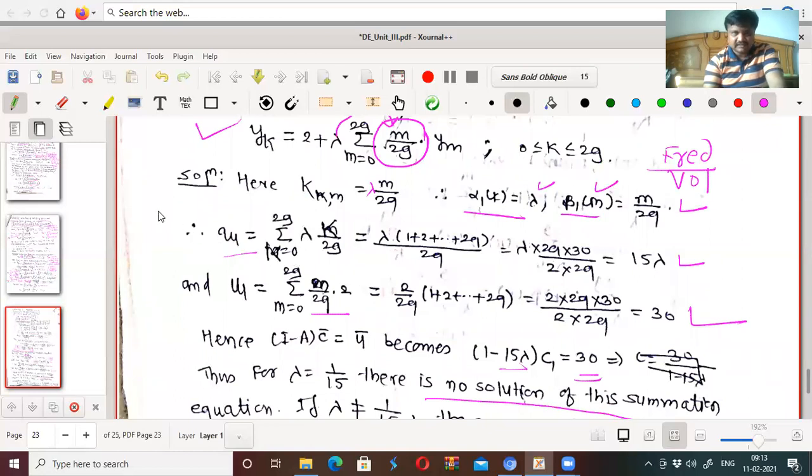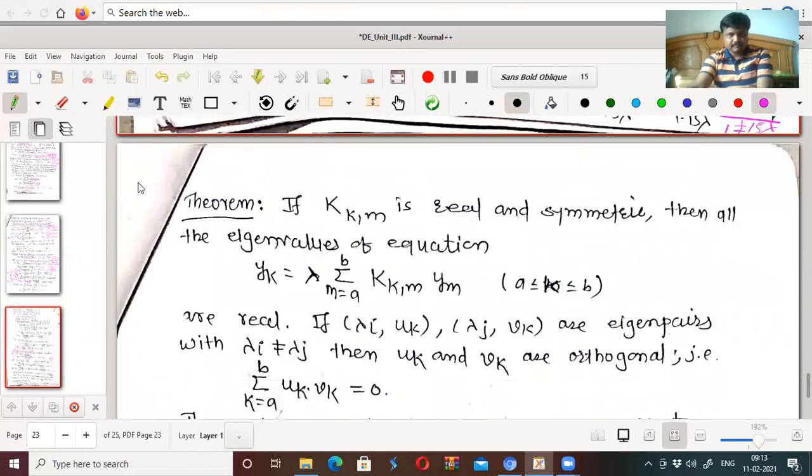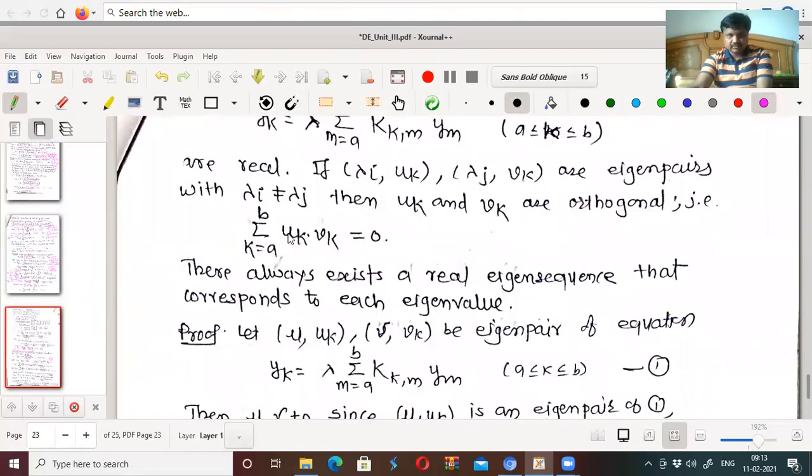So we know that in integral equations there were the Fredholm integral equation and the Volterra integral equation. In the same way, we can make the study parallel to that of integral equations for summation equations also. So Fredholm summation equations and Volterra summation equations are there as well, and those can be solved by using some methods. Okay, we'll stop here.